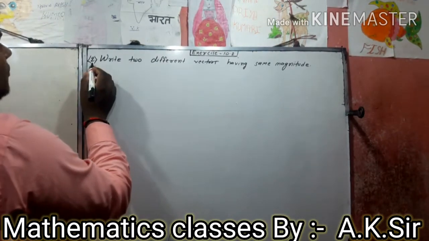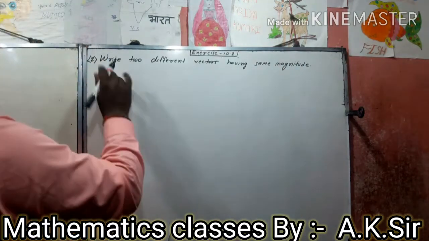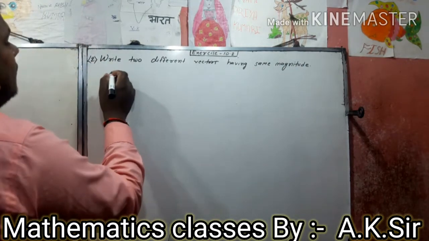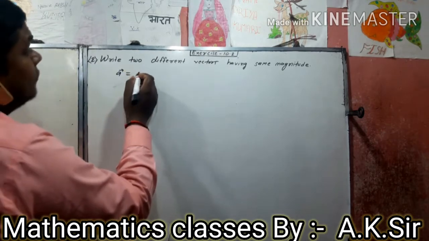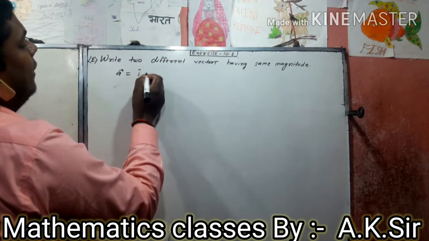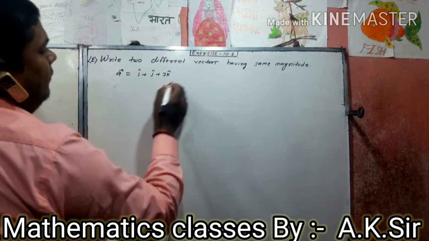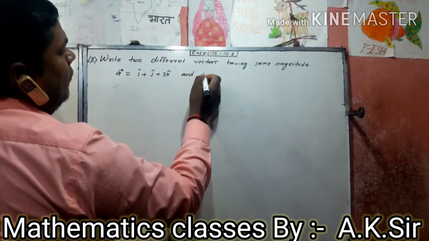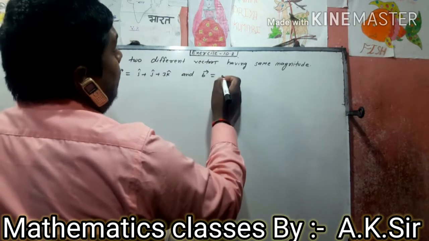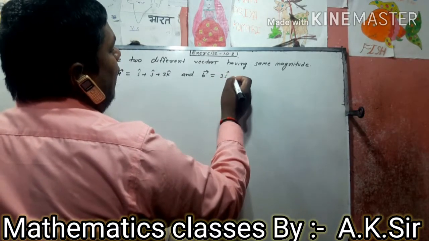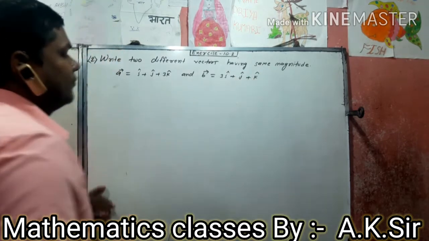Next, question 2. Write two different vectors having the same magnitude. Let a vector be equal to i cap plus j cap plus 3k cap and b vector be equal to 3i cap plus j cap plus k cap.